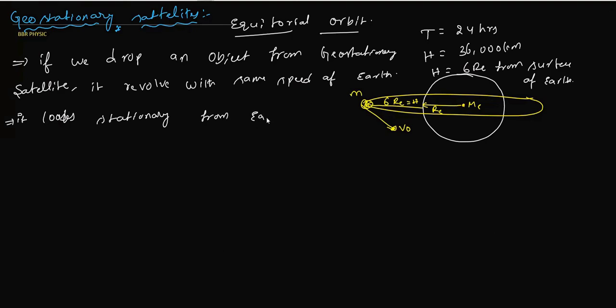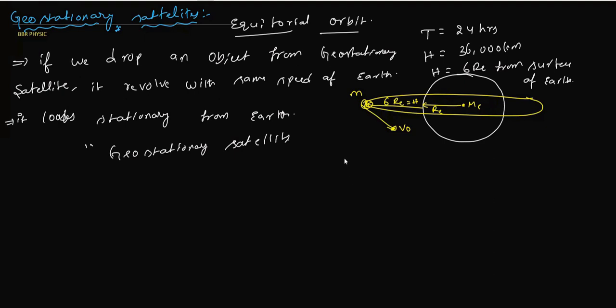That's why these are called geostationary satellites. Why do they look like they are at rest? If you drop an object from the geostationary satellite, it revolves with the same speed as the Earth, so it looks stationary.